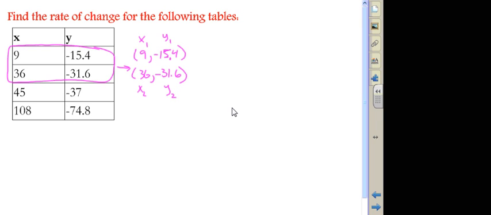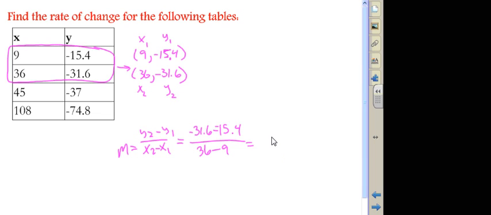So I'm going to start with my formula just like I was before: y2 minus y1 over x2 minus x1. Plug those numbers in. Negative 31.6 minus a negative 15.4 divided by 36 minus 9. Use my calculator again, just like I did before. You should do it on yours.